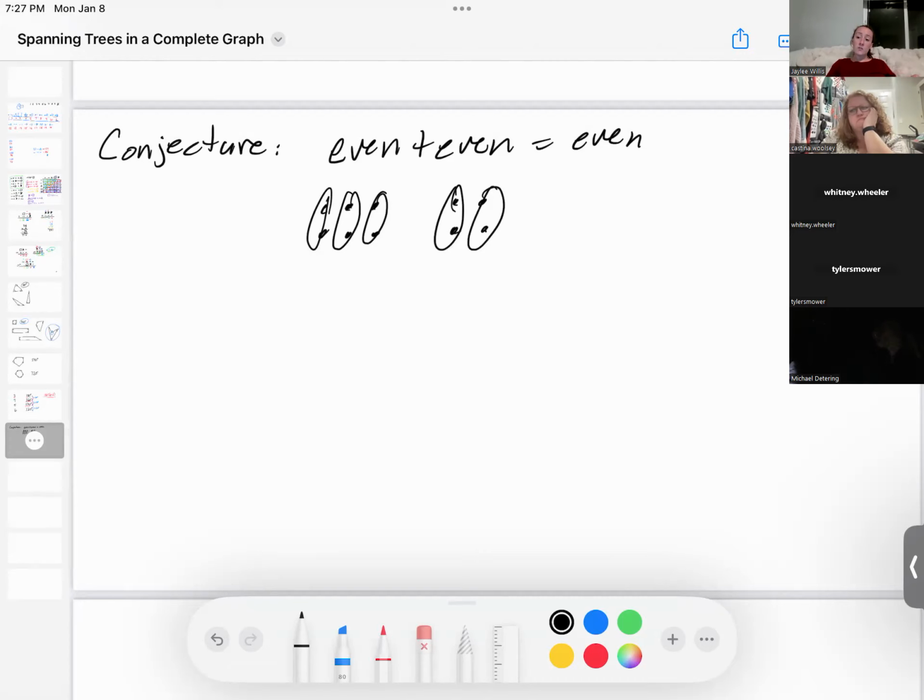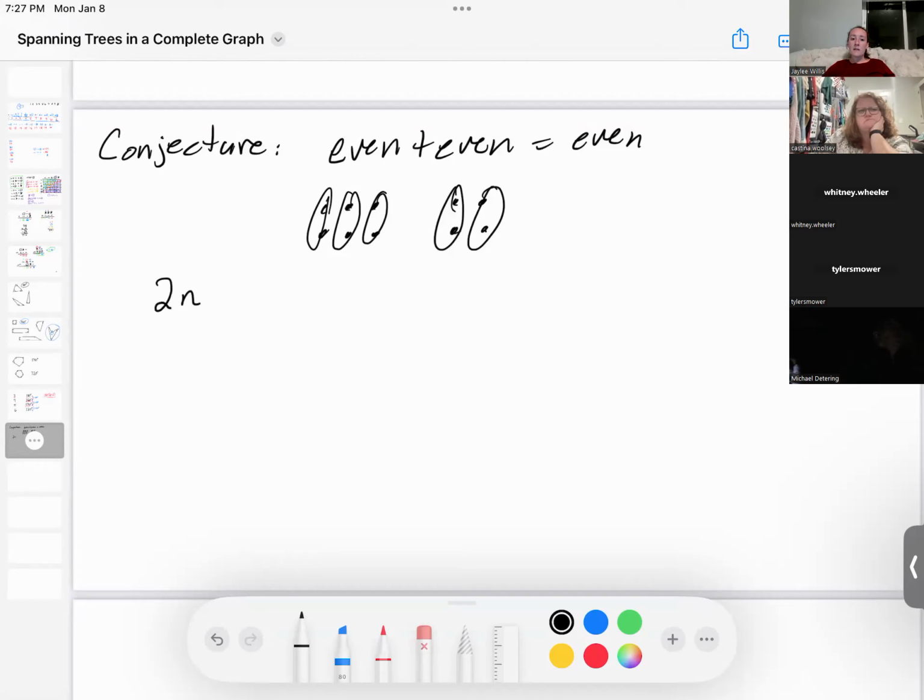And what I want you guys to do in these conjecture assignments is to practice using algebraic notation to prove whatever conjecture it is you're trying to prove. So for you guys as adults, what I would like a proof to look like is you would say, okay, let's say that I have two even numbers. And the algebraic definition of an even number is that it's any number that can be expressed as 2 times an integer.